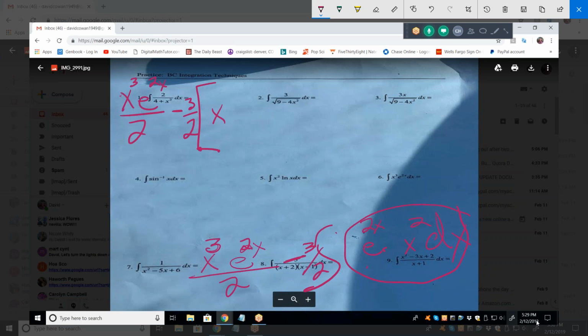So u is x squared, and v again is e to the 2x over 2, and nothing's changed. So there's my next uv minus the integral of v du. v was e to the 2x over 2, times du, which is 2x dx.